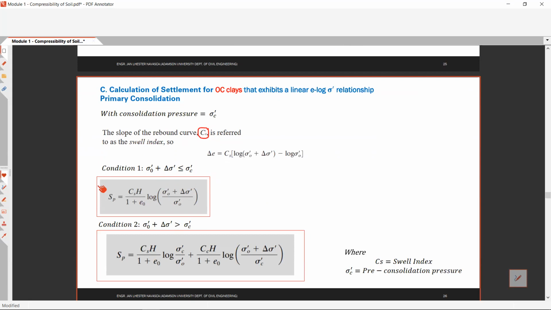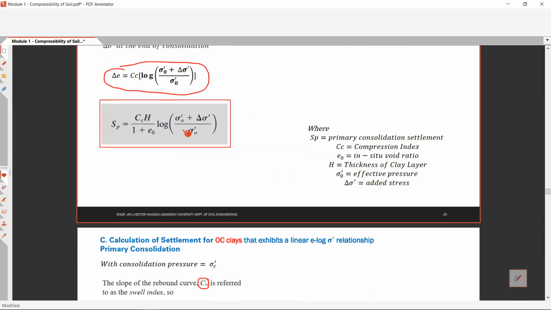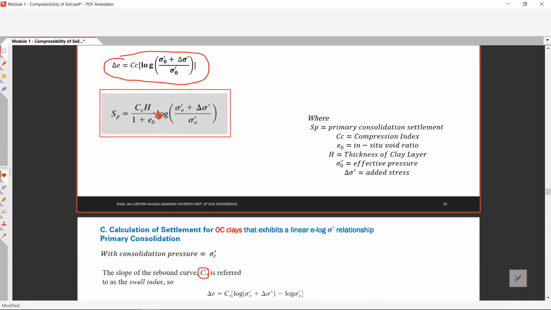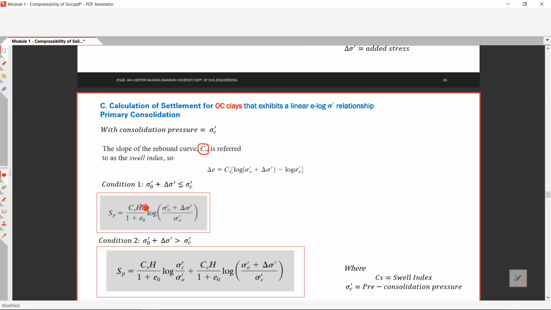So the formula for S sub P or the primary settlement is equal to C sub S times H over 1 plus e sub 0, logarithm of effective overburden pressure at the present plus induced pressure at the ground surface over the effective overburden pressure at the present. So that is S sub P. Almost the same siya ng equation na to, pinalitan lang yung notation na C sub C or the compression index ng C sub S.